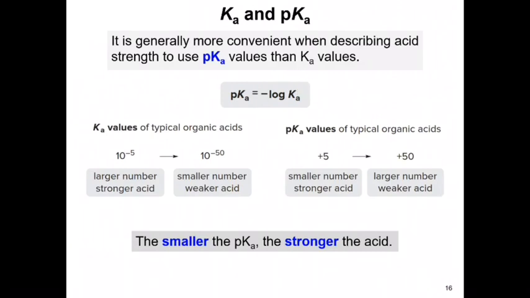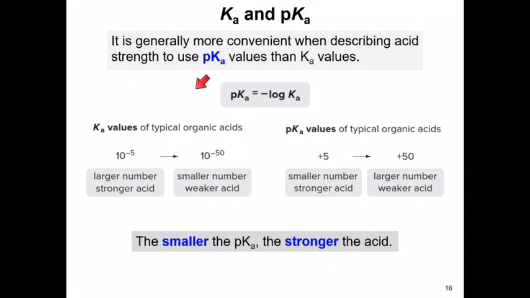Let's look at some of the Ka values of some organic acids. They typically range from 10 to the negative 5 to 10 to the negative 50. The larger the Ka value, the stronger the acid, and the smaller the Ka value, the weaker the acid. But look at the relationship between Ka and pKa. When Ka is large, its pKa is small, and when Ka is small, its pKa is large.